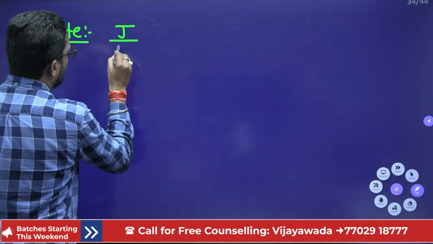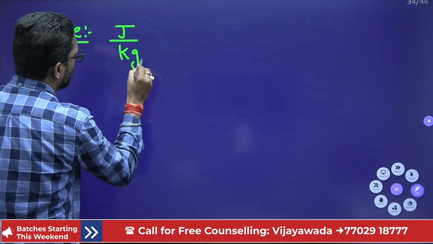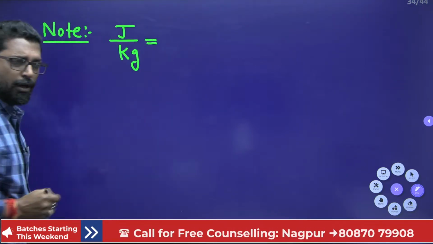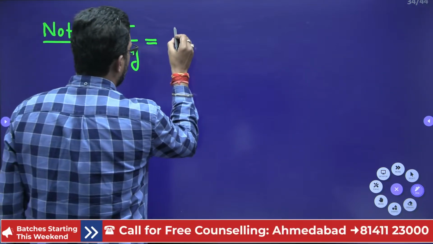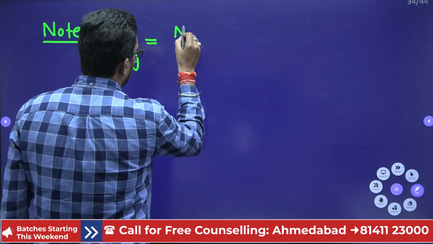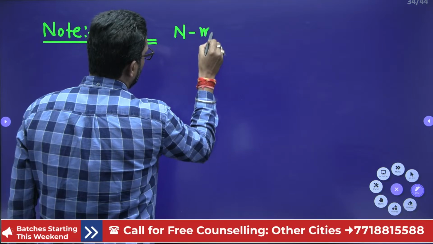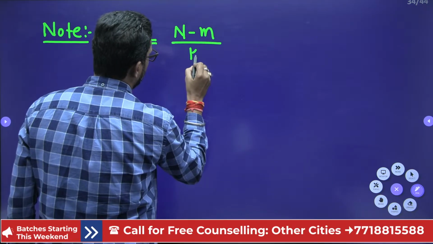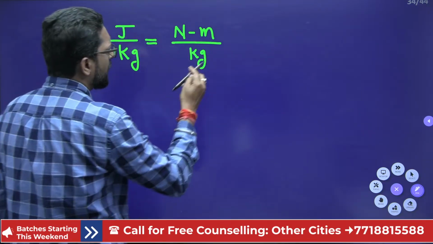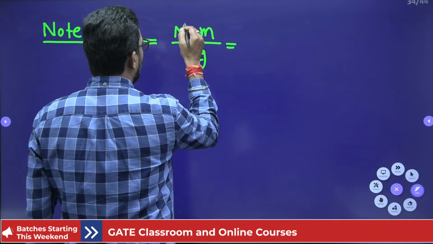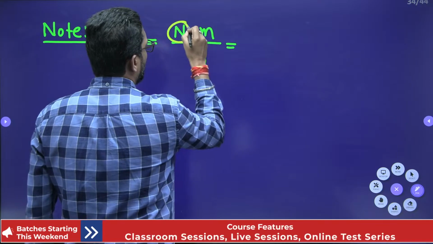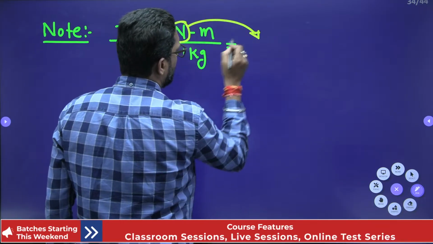Joule per kg. Okay, what is joule? It is the energy. Energy is what? Force into displacement. That means Newton meter per kg. Now, what is Newton? Here Newton is force.